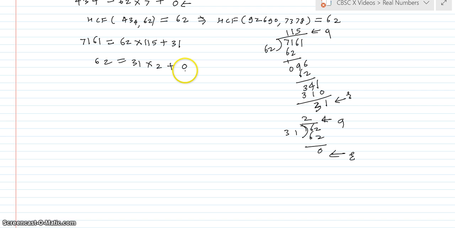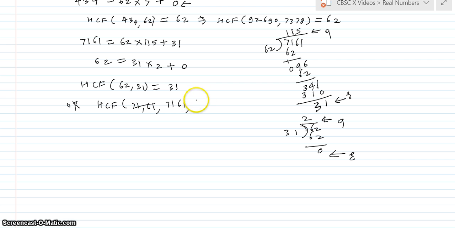That means where remainder is 0, that means HCF of 62 and 31 is equal to 31. Or we can say that HCF of 7161 and 62 is equal to 31.